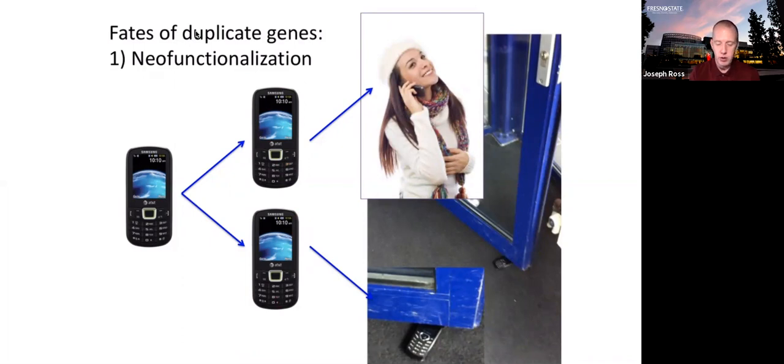In this case, you could keep that original copy of the gene, the protein, or the cell phone for its original role. And now you can use your copy to be a doorstop if you need to. Right? That would be a new function of this protein. It's doing something good for you that you couldn't do before when you only had one, because you had to save it for its original function.